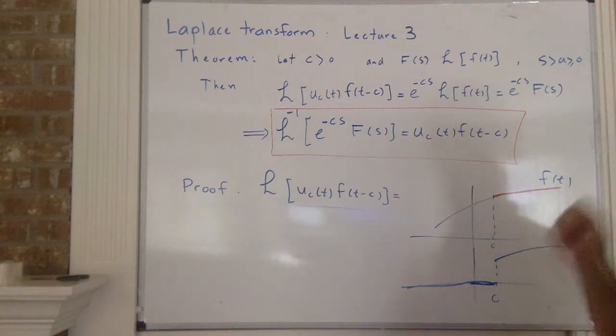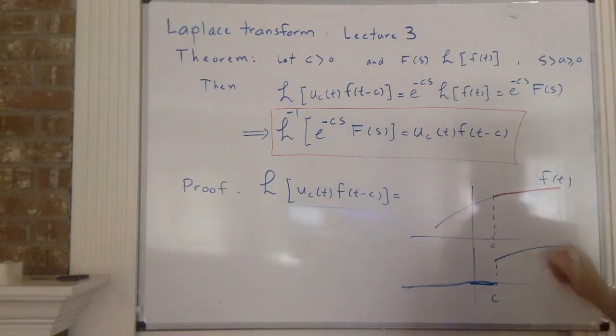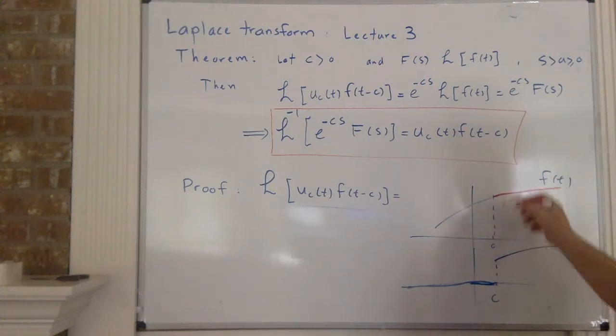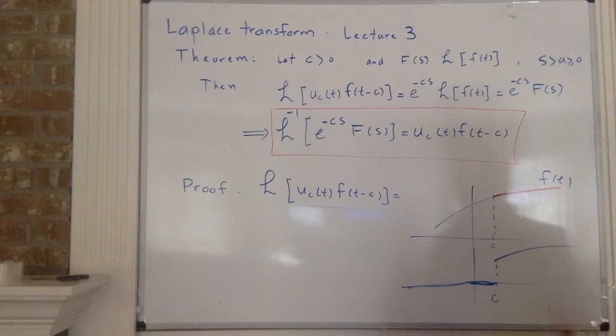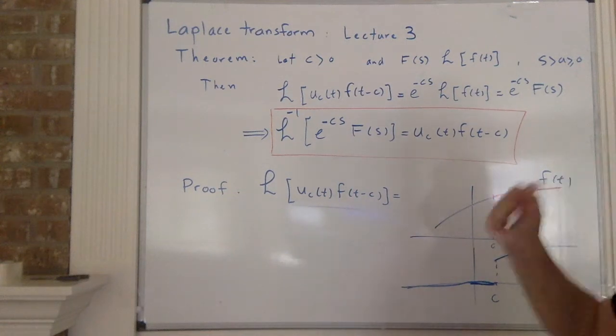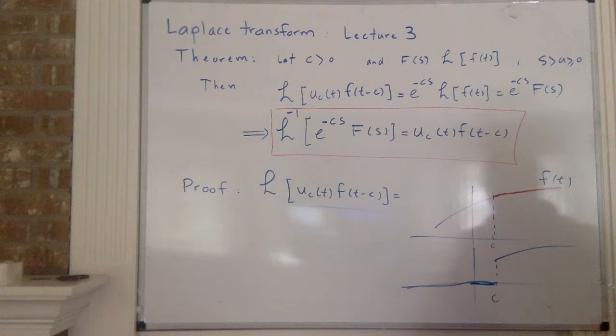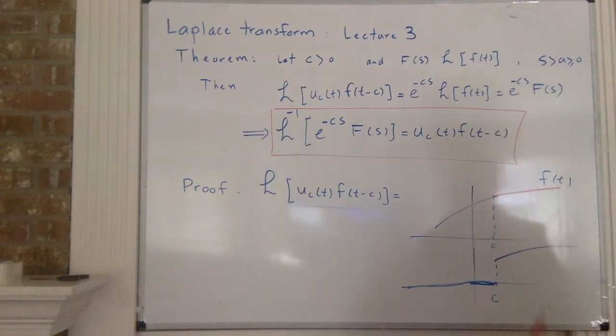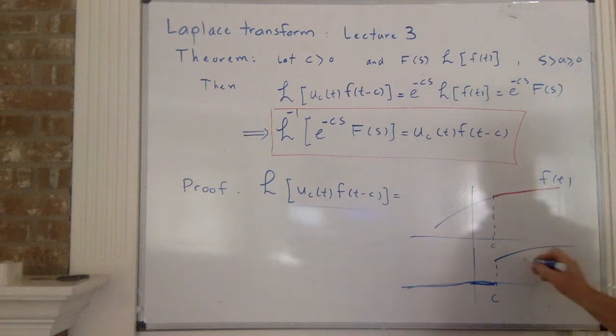Like suddenly there is some boom happening, and so you suddenly have a forcing function like this. It's not continuous before this point. It's like a shock or like a switch or something. But anyway, this u_c does this to f(t). So this is in fact u_c(t) times f(t).